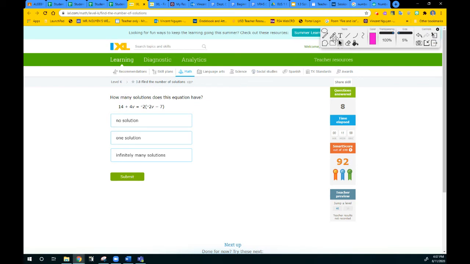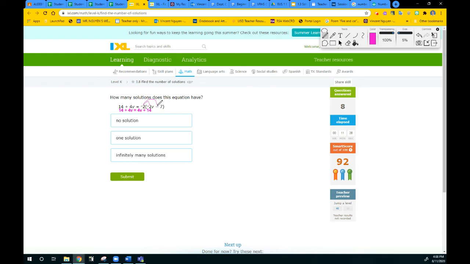All right. How many does this one have? Well, let's see if the variables get canceled. Yes, it does. So this side actually ends up being 14 plus 4v. This side also ends up being 4v plus 14, because I'm distributing this negative 2 over here also, right?